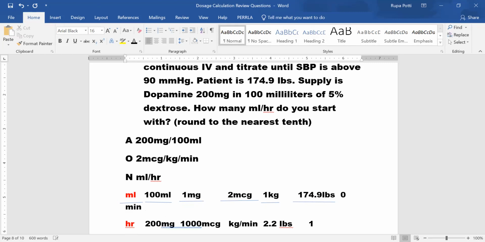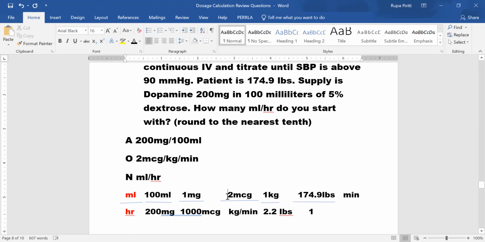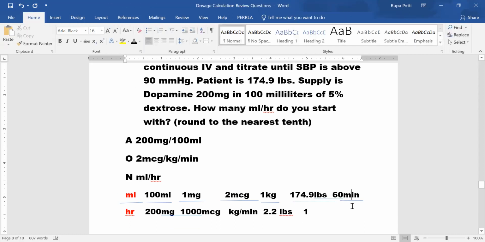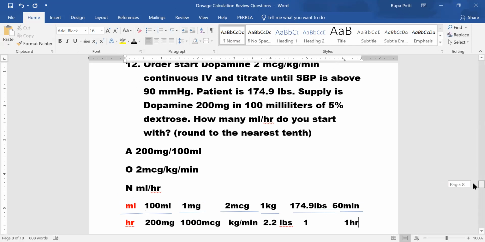So now I'm going to say, okay, 60 minutes is equal to 1 hour. Right? So now when I look at the problem, I pretty much have used up all my numbers and all my units.